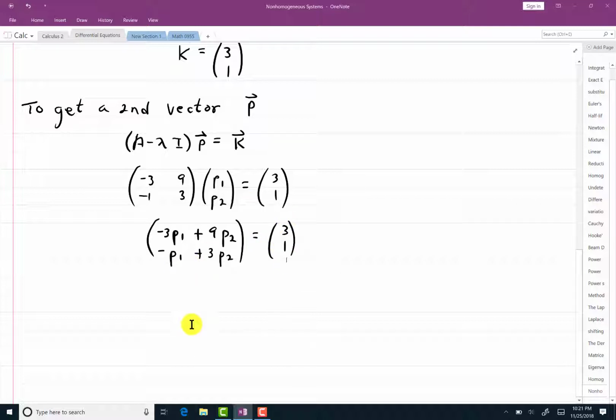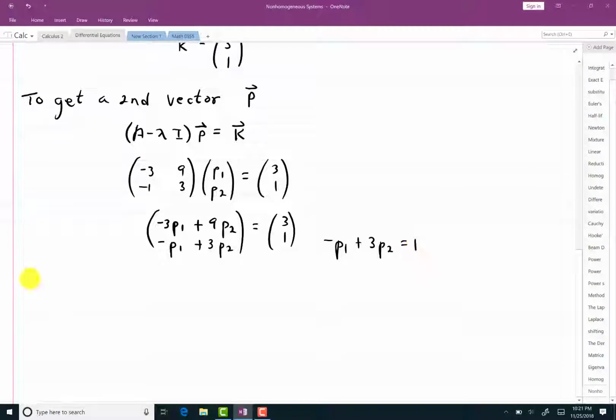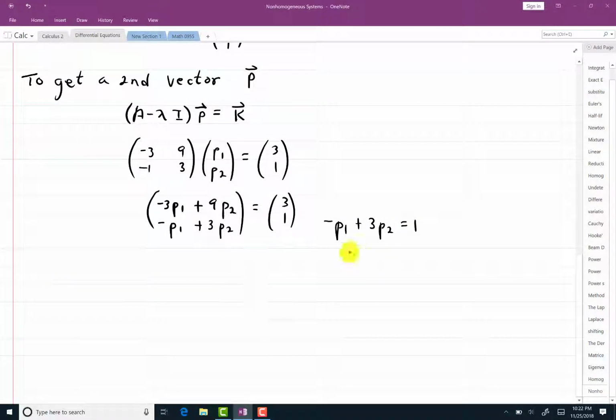Now either one of these really doesn't matter that I can use. In fact, one row is a multiple of the other row, so I'll just go with the second row. I'll do negative p1 plus 3p2 equals 1. Now remember, p doesn't really matter. Let me go ahead and do 3p2 equals 1 plus p1.